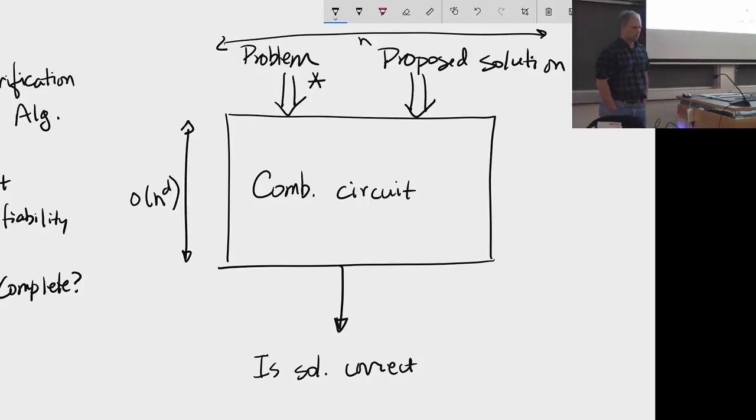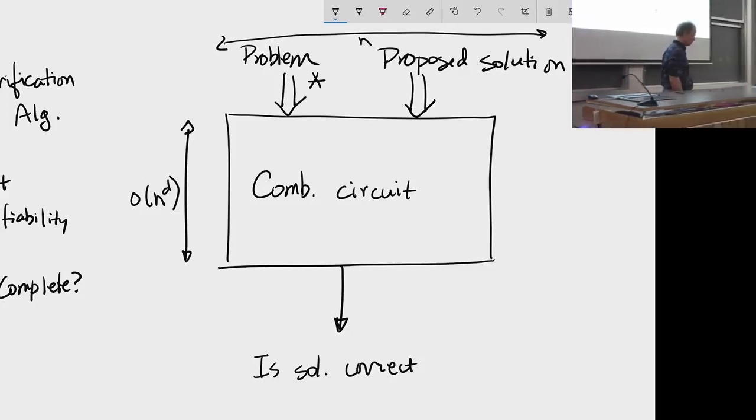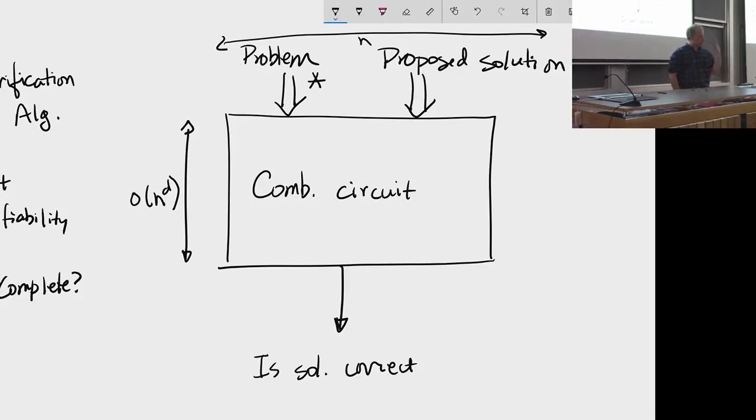And building the combinatorial circuit is also polynomial time, so that specific instance of the NP problem will reduce to circuit satisfiability in polynomial time. So the bottom line is every problem from NP has a polynomial time verification algorithm.